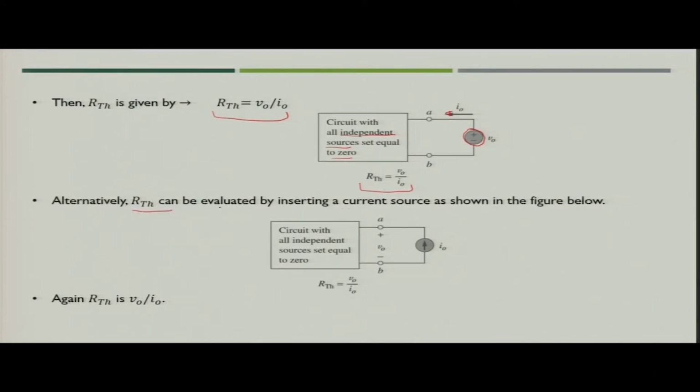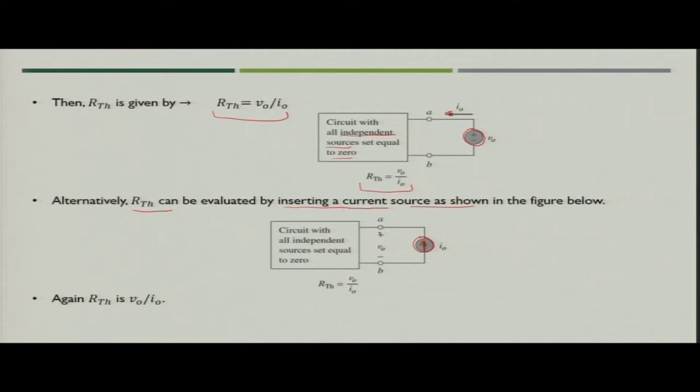Alternatively, RTH can also be measured by inserting a current source. So, instead of a voltage source, across these two terminals you will apply one current source. Now, what you have to do?